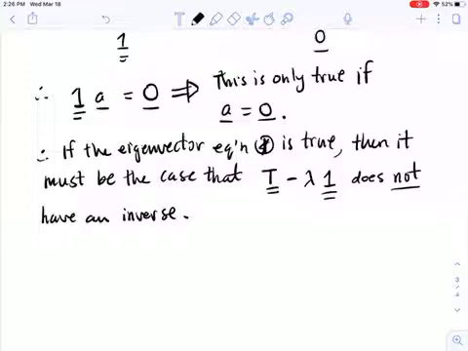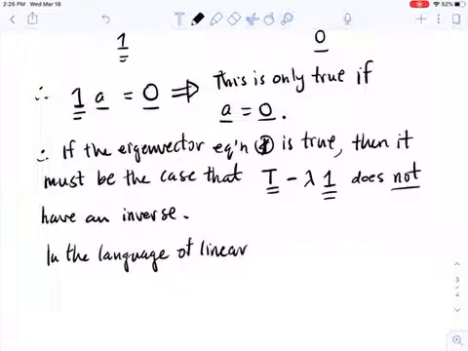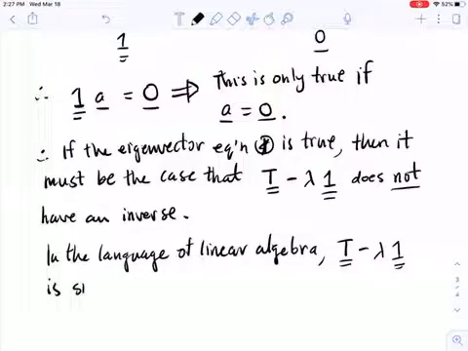So the linear algebra people have a language for this. In the language of linear algebra, they would say that T minus lambda times the identity is singular.